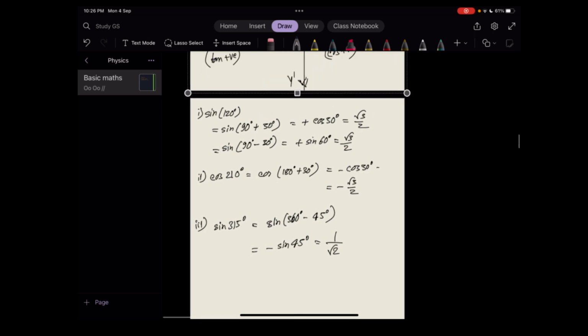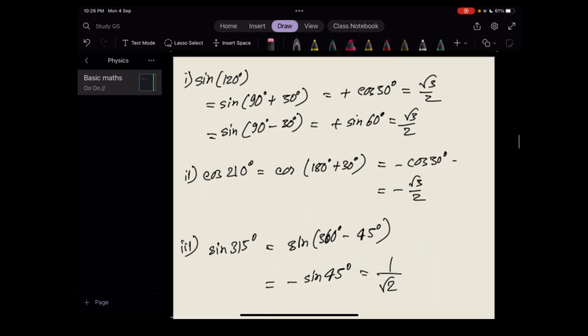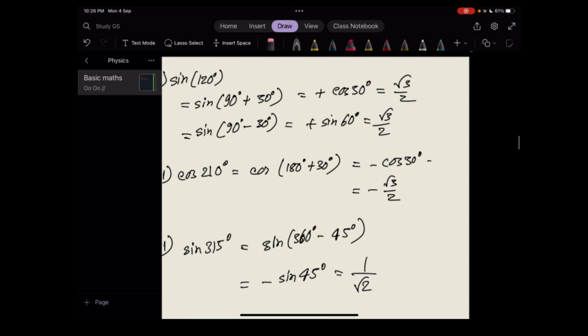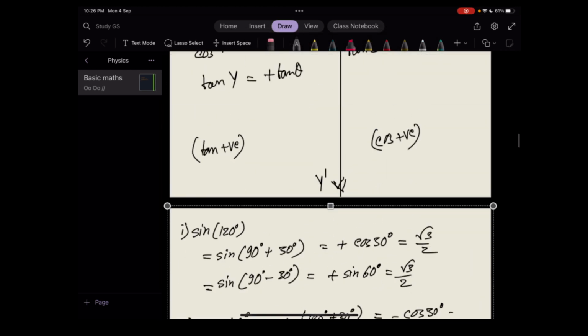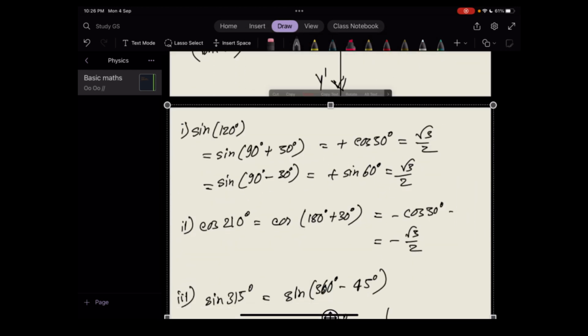Okay, now let's move into the problem. If you have to find out the value of sine 120 degree, what you will do, you will segment it in between 90 degree and 30 degree.